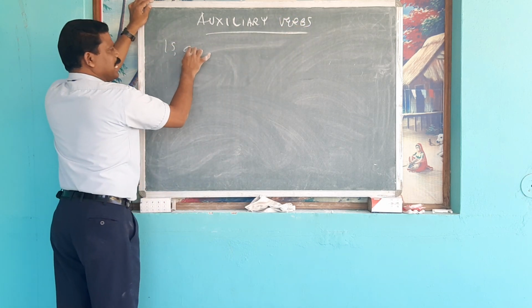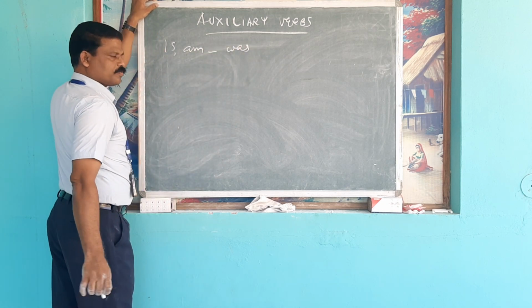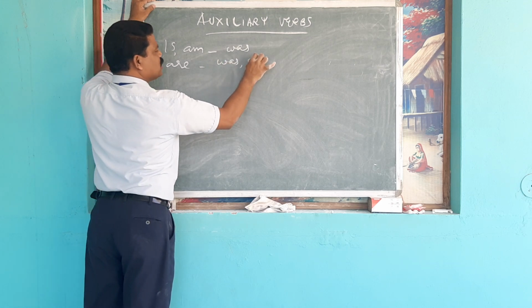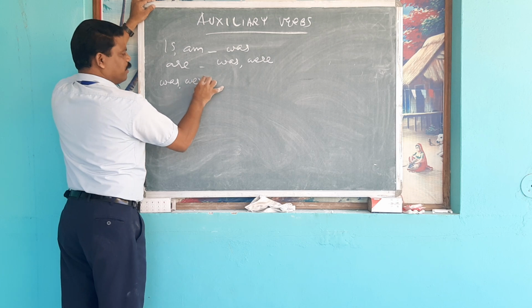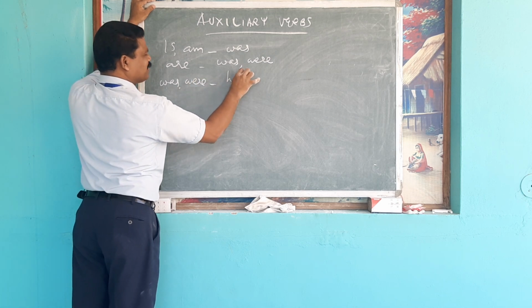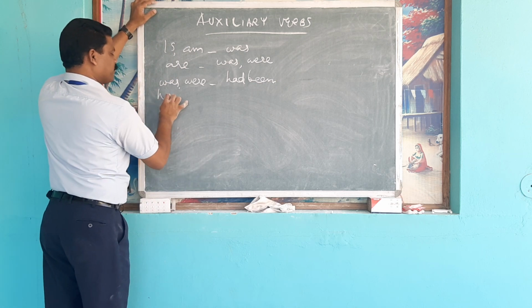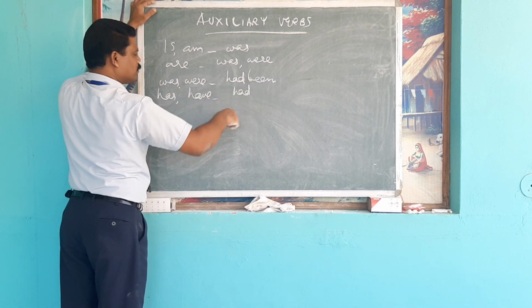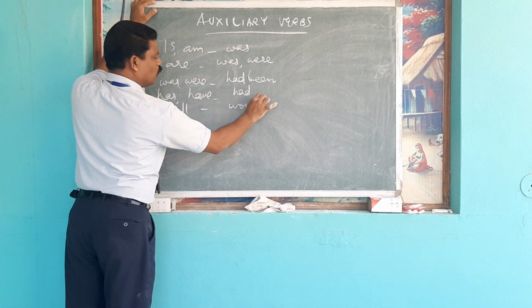Is and am will change into was. Are changes into was or were. Was or were will change into had been. Has and have into had. Will into would.